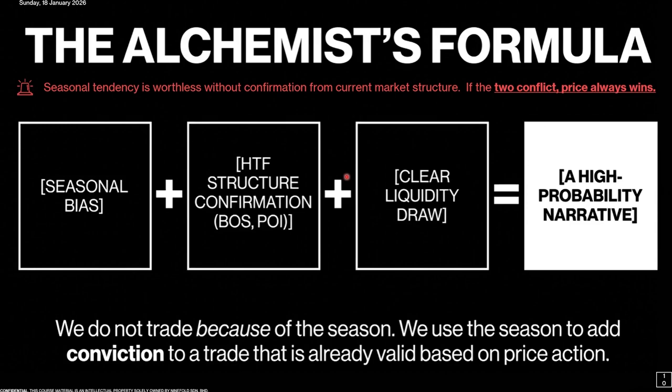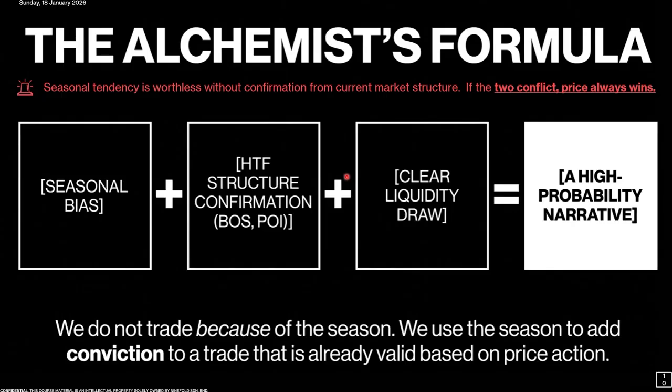But having said that, we don't want to trade just because of the season. We use the season to add conviction to a trade that is already valid based on price action. So, what do I mean by that?